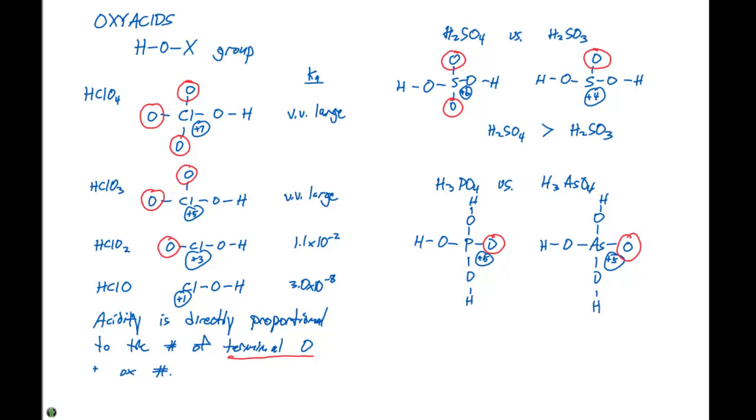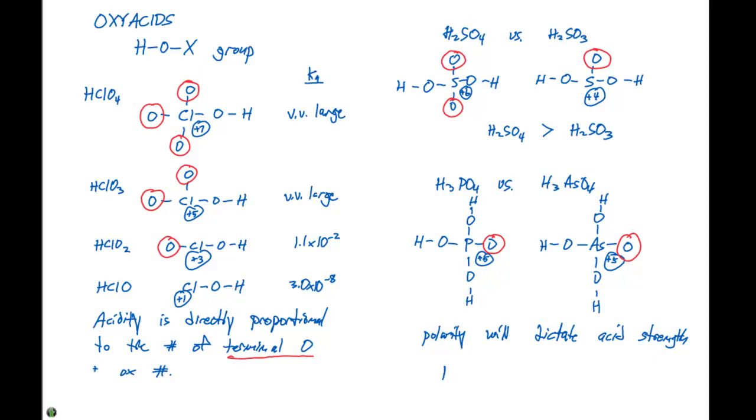So in this case, polarity will dictate the acid strength. If we look at this, our H3PO4 bond is going to be more polar than our H3AsO4 bond.